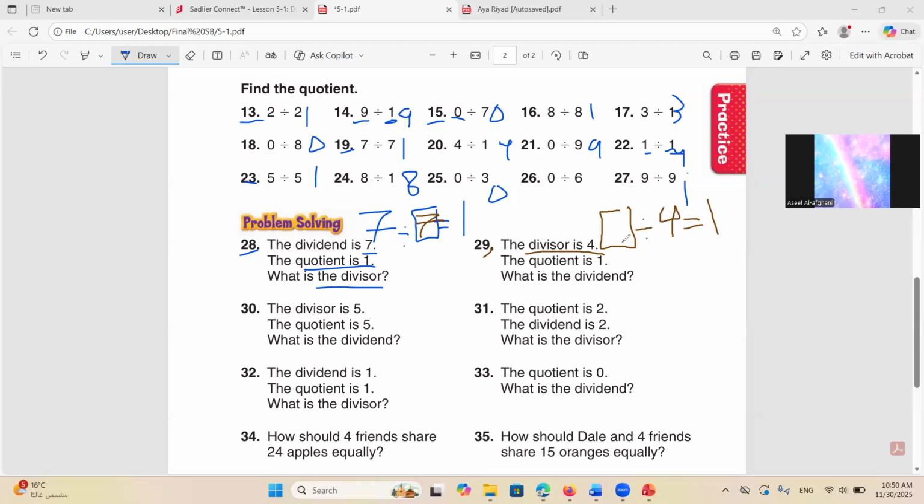So, what divided by 4 equals 1? We said the same division rule says that when the dividend and divisor are the same, of course the quotient is going to be 1. So of course it's going to be 4 too.